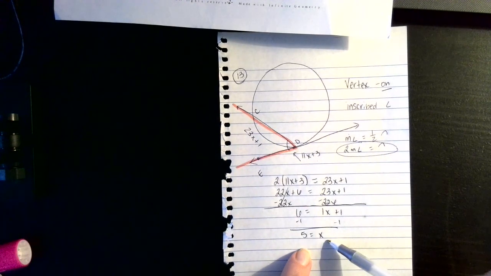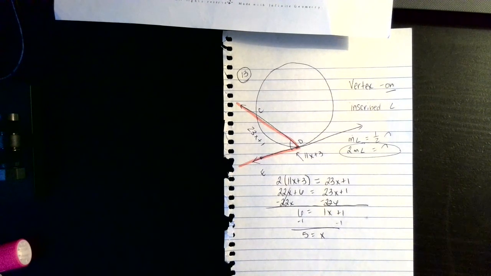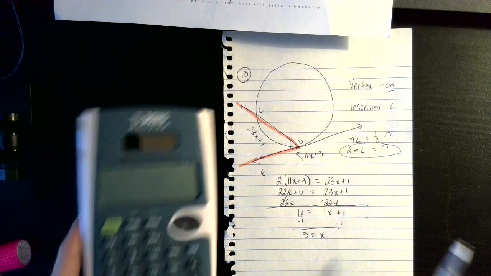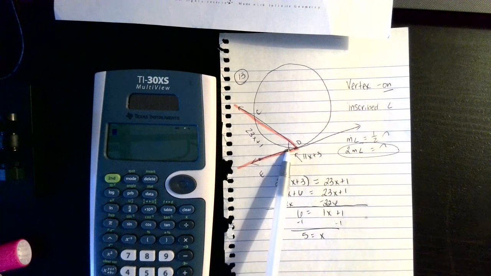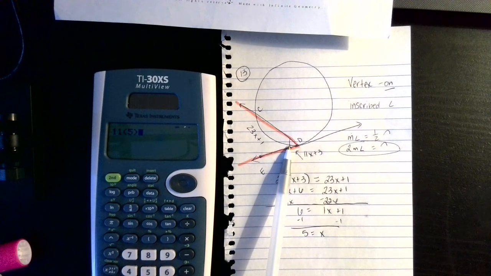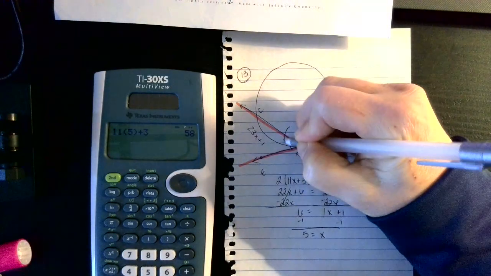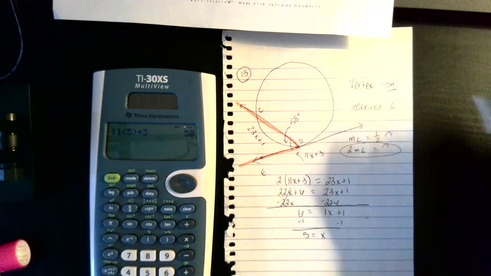Before I circle my answer and know for sure, I'm going to plug it back in and make sure that it works. I'm going to do this the quick way with my calculator. So for my angle, I have 11 times x, which I think is 5, plus 3. So that would give me an angle measurement of 58 degrees.